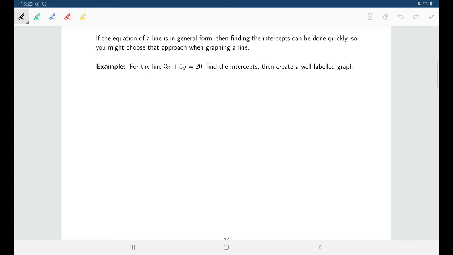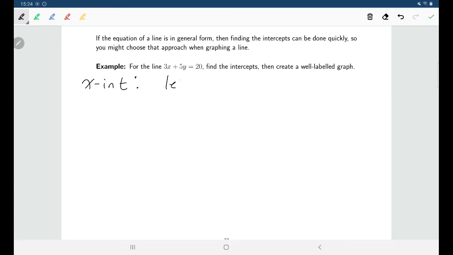First, start out by finding its x and y intercept, and then plot those 2 points, connect them, and there you go. So that's what I'm going to do here. I've got an equation 3x plus 5y equals 20, and I'm going to start by finding the x-intercepts and the y-intercepts, and then I'll graph them, and then I'll get my graph of my line from that.